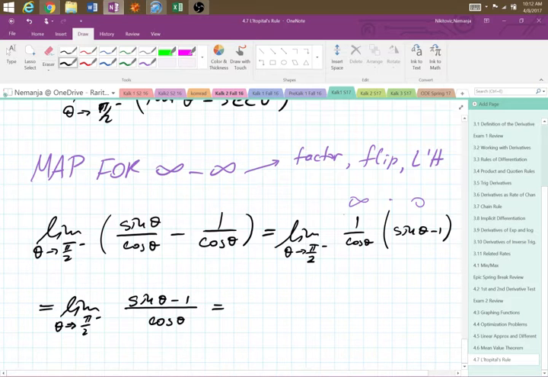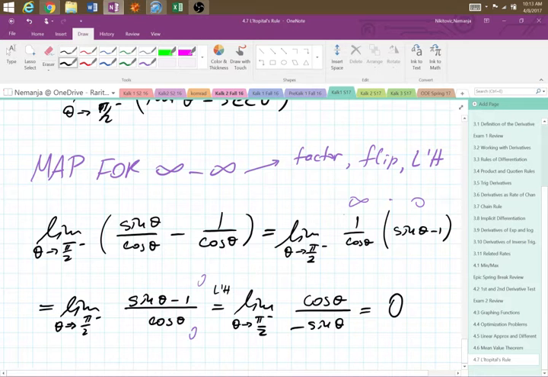Now when you plug in pi over 2, you get 0 over 0, which is good for L'Hopital. Derivative of sine is cosine, so I have a cosine theta on top and negative sine theta on the bottom, which is 0.